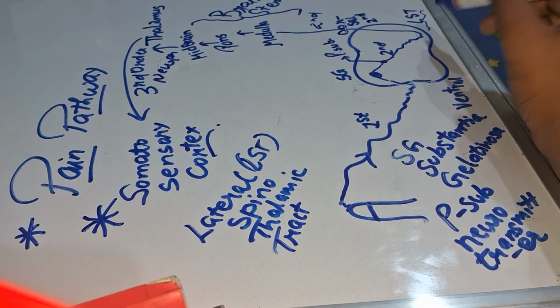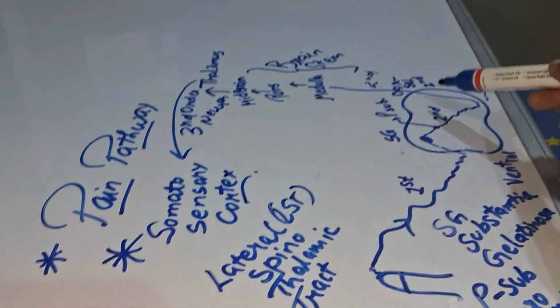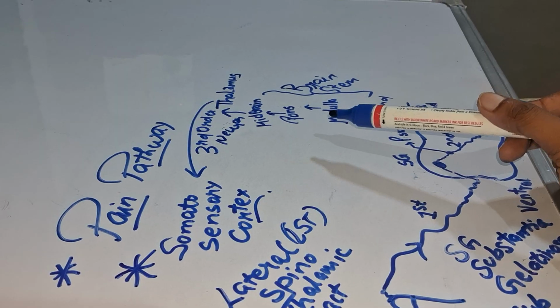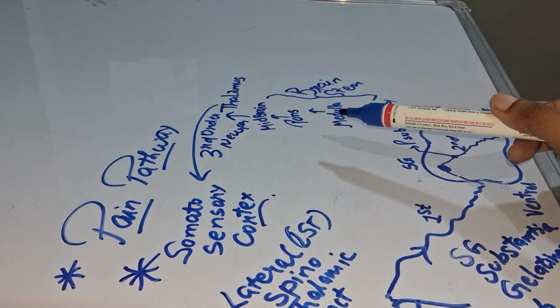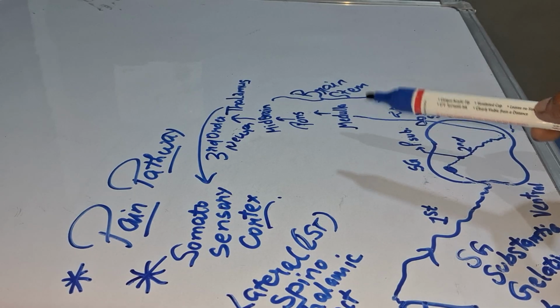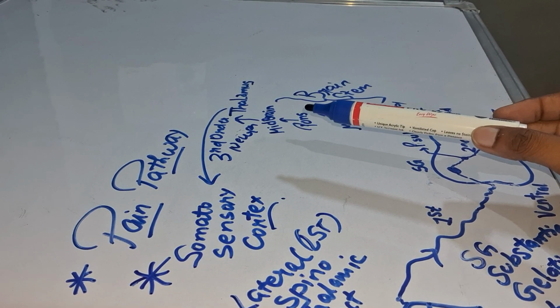LST is the lateral spinothalamic tract. From LST, it transmits its signal to the medulla. From medulla to pons to midbrain, and this comprises the brainstem: medulla, pons, and midbrain.